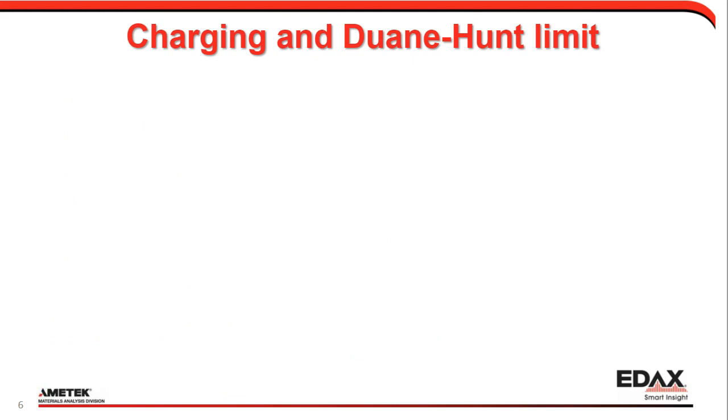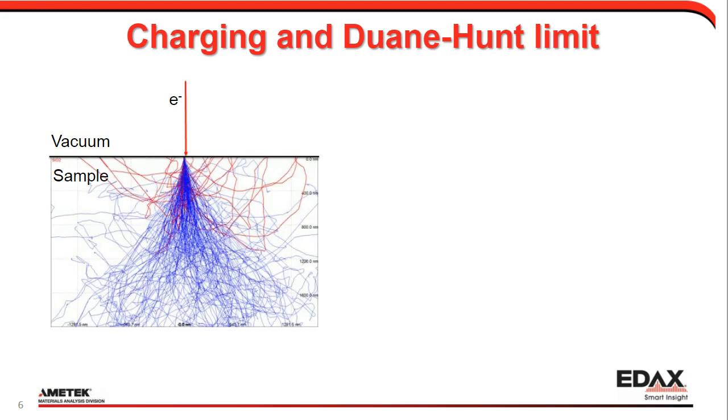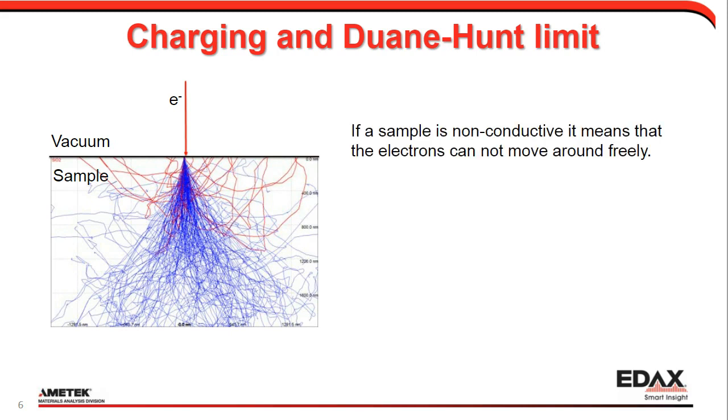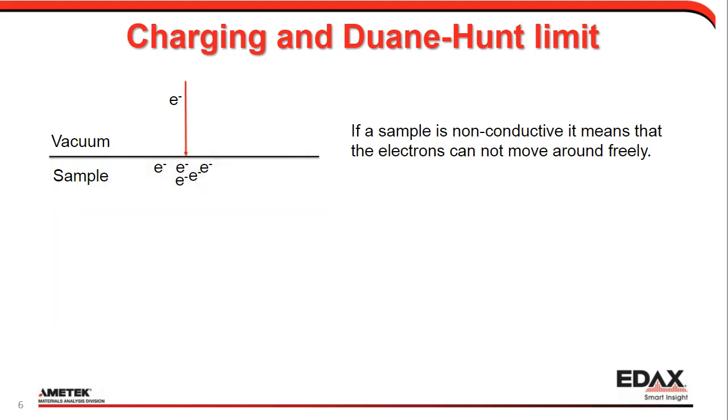So if we have a charging sample, we shoot electrons down through the electron beam. They spread around inside the sample. This is a Monte Carlo simulation of electron trajectories using the CASINO software. But if the sample is non-conductive, all of these electrons that we put down can't move around freely, so you basically end up with electrons stuck inside your sample.